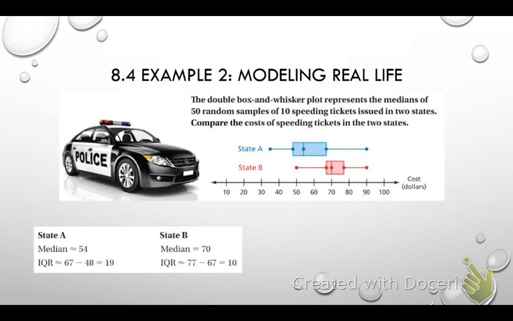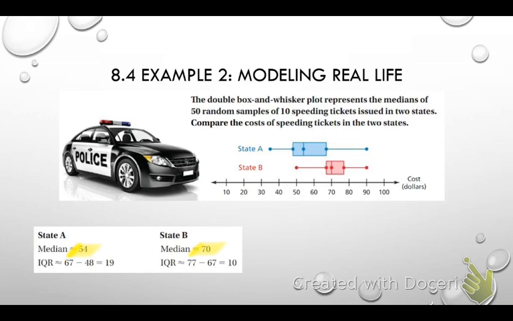And there's 10 speeding tickets represented in each state. Compare the cost. So these are cost. So what it's saying on the median number here, this is about, on average, how much a speeding ticket cost in state A. And this is about how much a speeding ticket cost in state B.